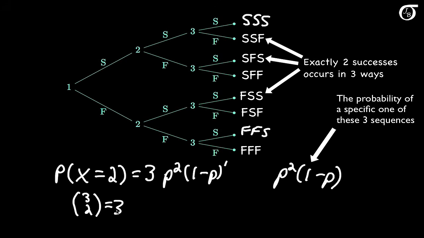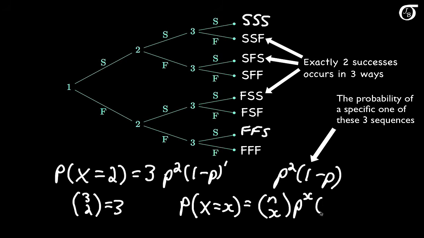N choose x gives us, in the general setting, the number of different ways of getting x successes in n trials. And so in the general case, the probability mass function for the binomial distribution, the probability the random variable x takes on the value little x, is equal to n choose x times p raised to the number of successes x times 1 minus p raised to the number of failures n minus x.